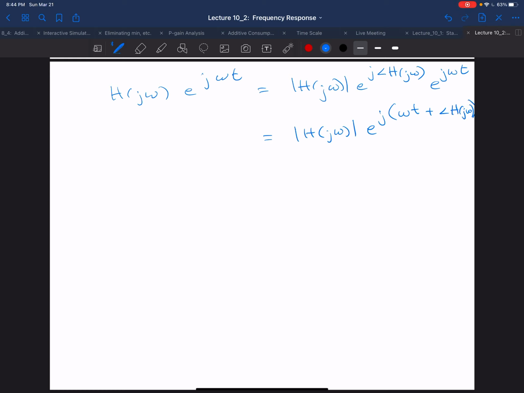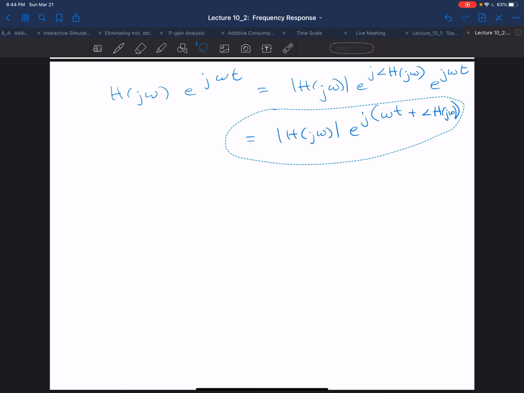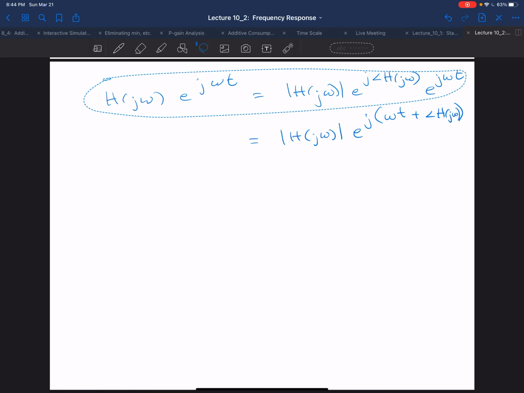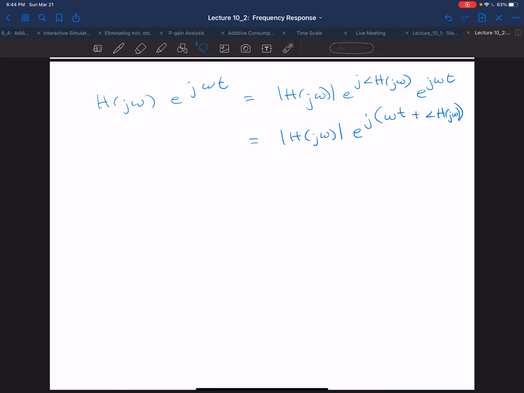So again, H was just our transfer function. So all we're doing to get this so-called frequency response is evaluating that transfer function at the point jω on the imaginary axis. And that explains what happens to the sinusoid e to the jωt when we pass it through our LTI system, if you like.